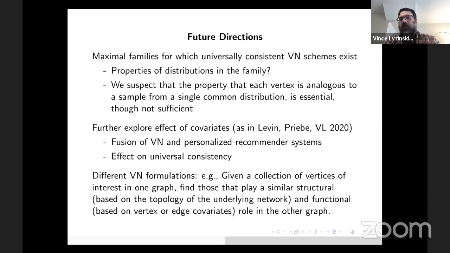From a theory perspective, there's a give and take between the topology, which we call the context, and the content of a network. So the connectivity and the covariates on vertices and edges.